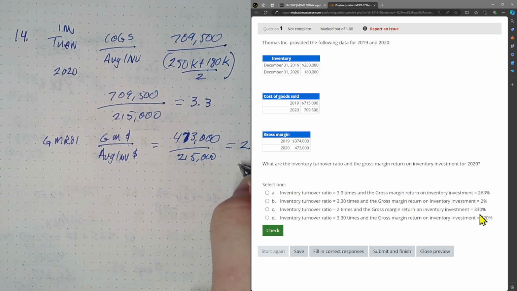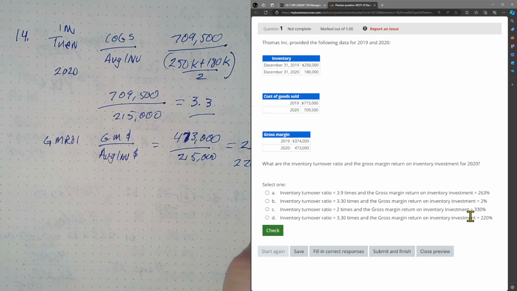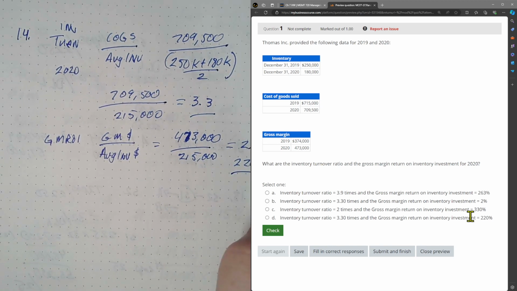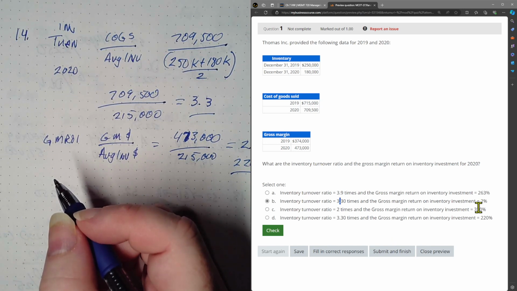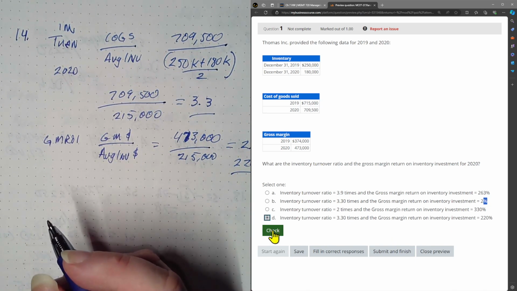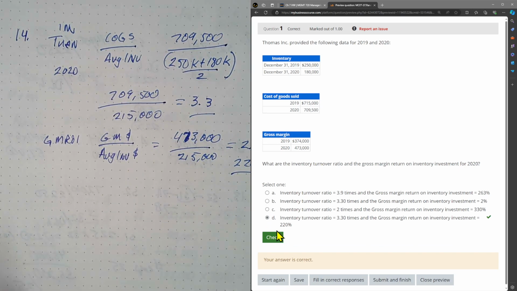So 2.2 is 220%. So we've got inventory turns of 3.3 and a return on investment of 220%. Well, that's the wrong percentage. 3.3 and 220. So it's this one, actually. Check. My answer is correct.